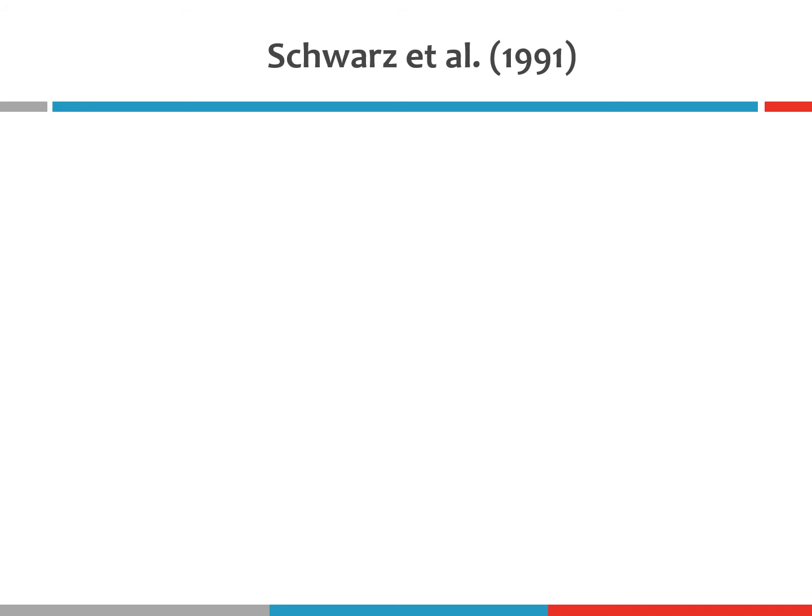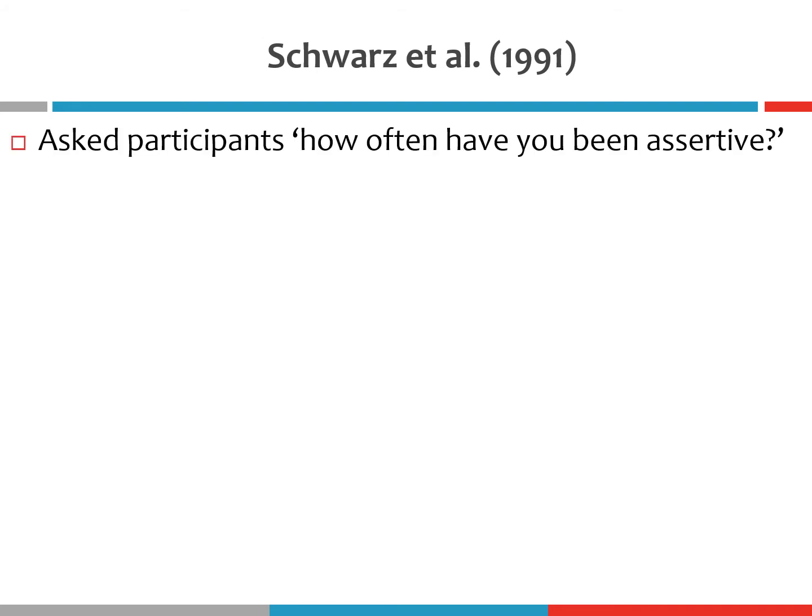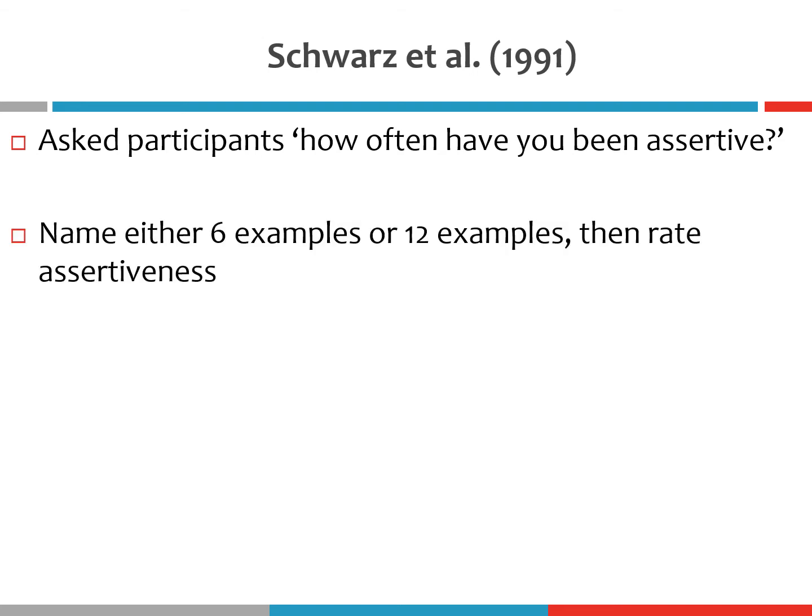In this particular experiment, Schwartz et al. asked participants to answer the question, how often have you been assertive? So think back about how many times you considered yourself to have been assertive. In one condition, people had to come up with 6 examples, and in another condition, they had to come up with 12 examples.